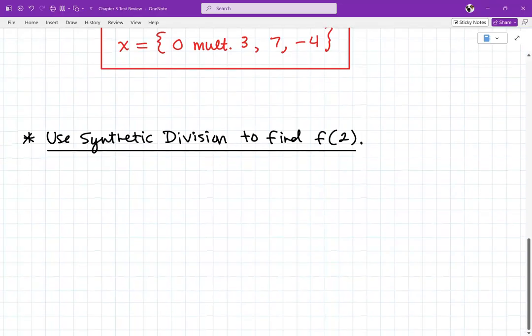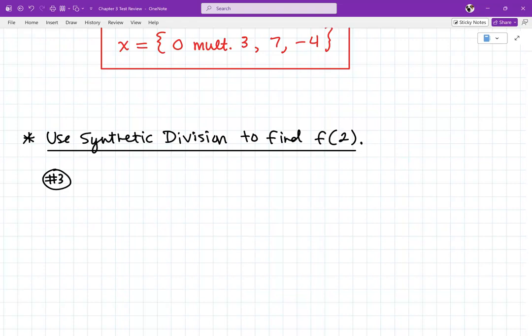Okay, now I'm going to give you the problem here, number 3. It looks like this. F of x is equal to 2x cubed minus 4x squared plus 6x minus 1. So they're saying use synthetic division with this function to find f of 2.